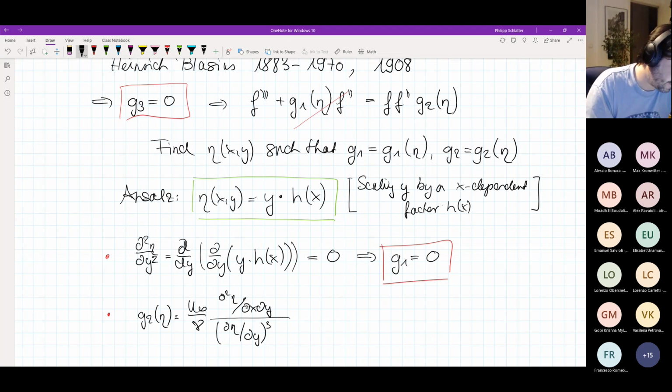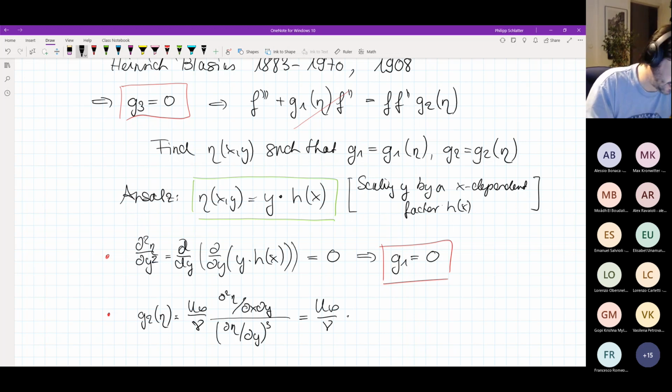Now, if I'm putting in eta in the way that I have, and then I do all these derivatives that I have here, well, what do I get? So the first one is, of course, the same. Then I have d squared eta dx dy.